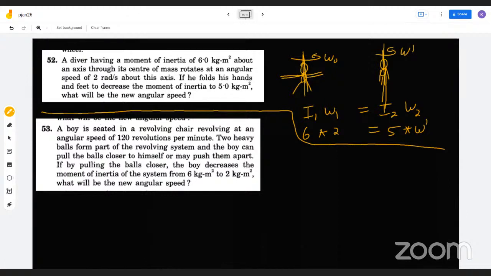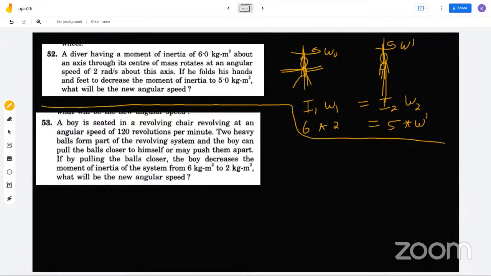So same, conservation of angular momentum. Yes guys, get the answer.